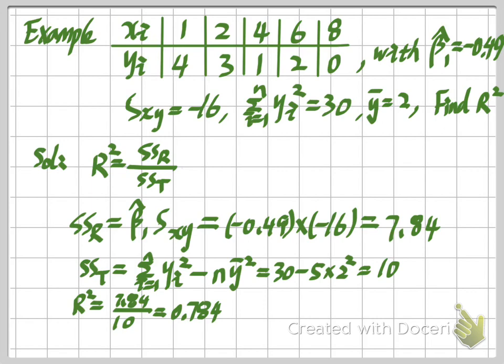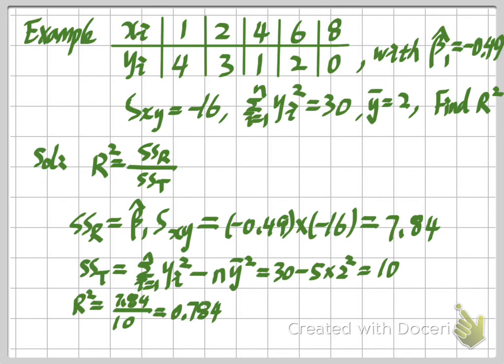Let me give one more step here, which is not required by this question. If we look at this value of our R squared, what conclusion can we have? We can conclude our model accounts for about 78.4% of the variation of our y in the data.